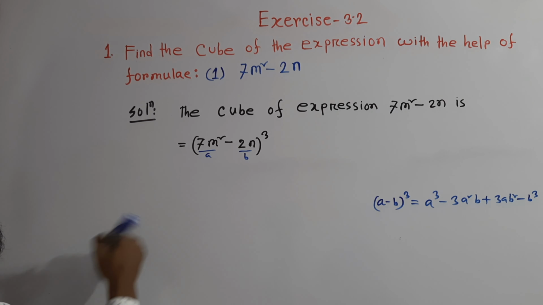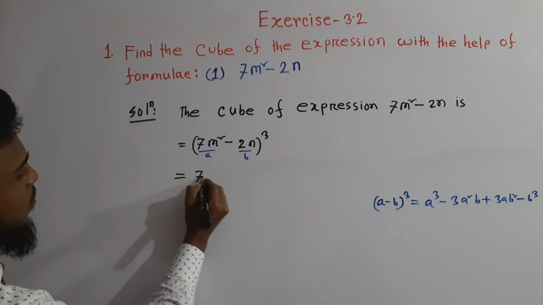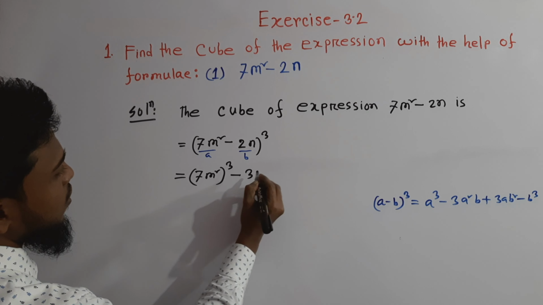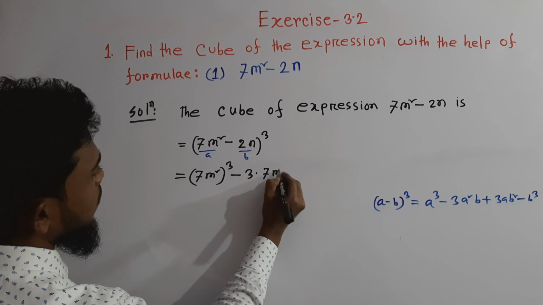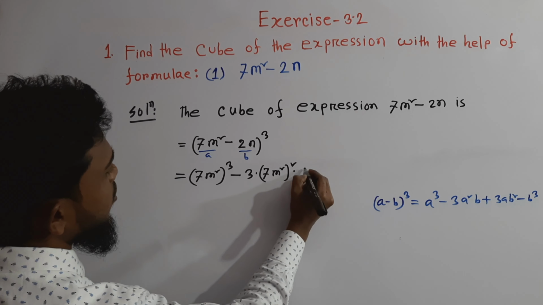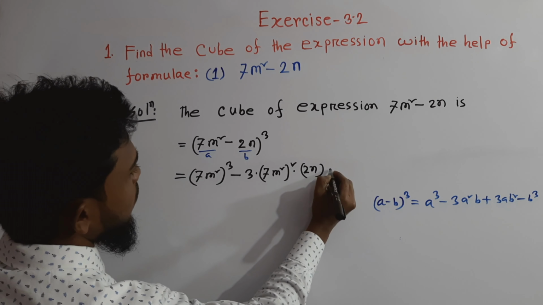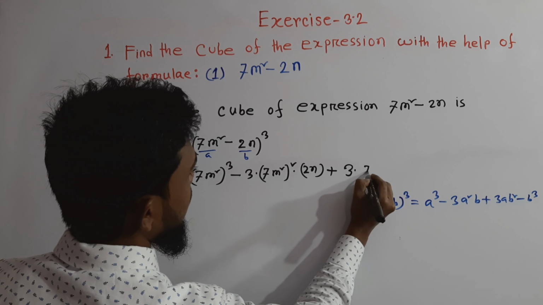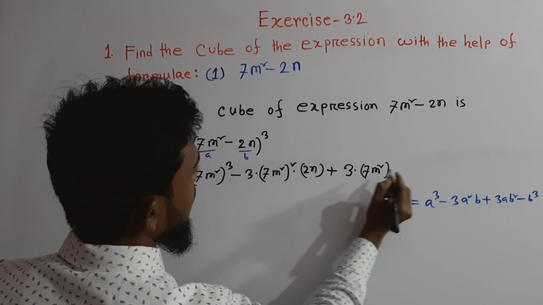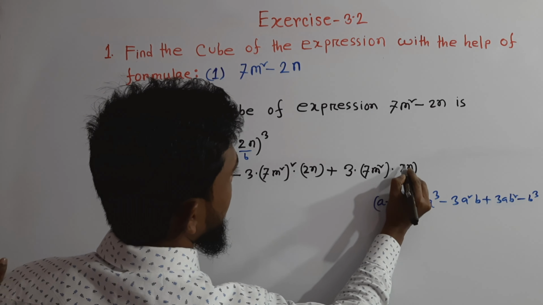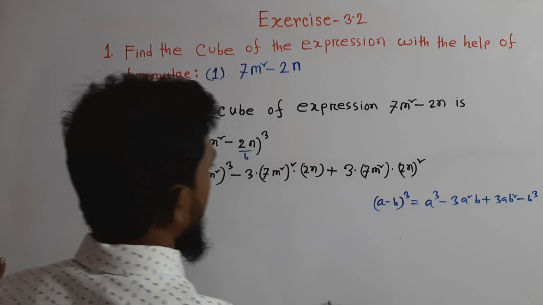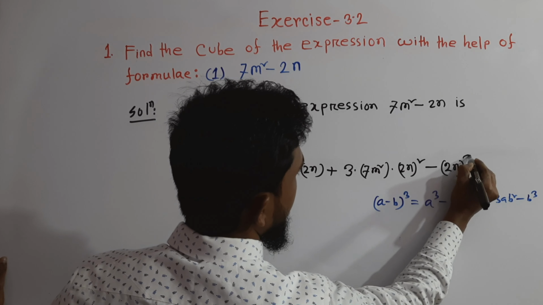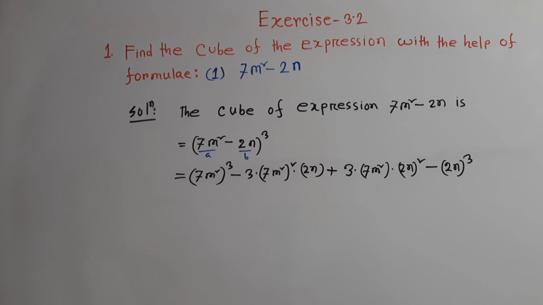So we can write a cube minus 3a square b plus 3ab square minus b cube.